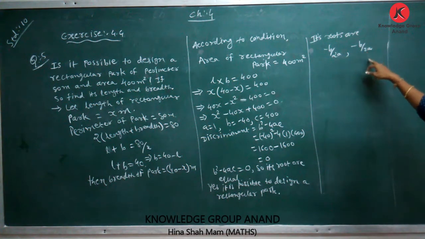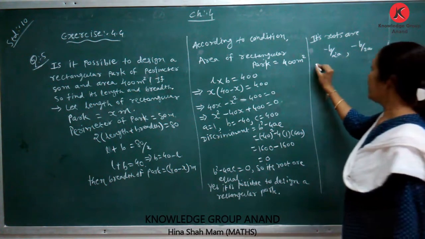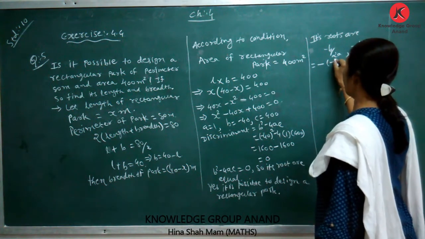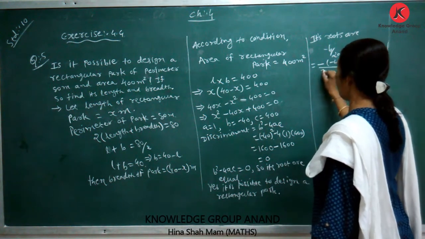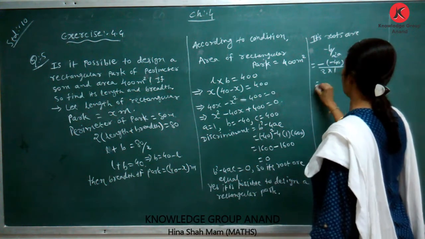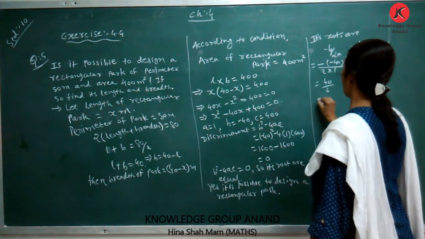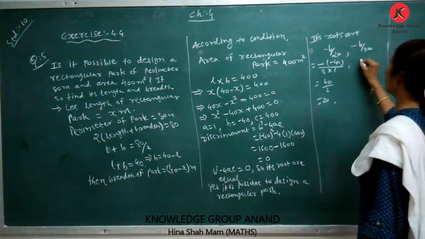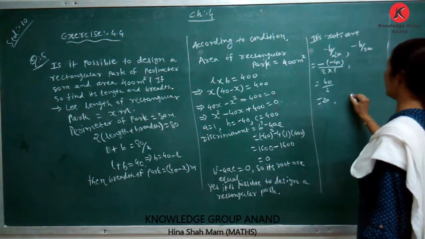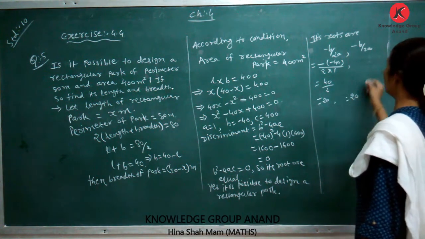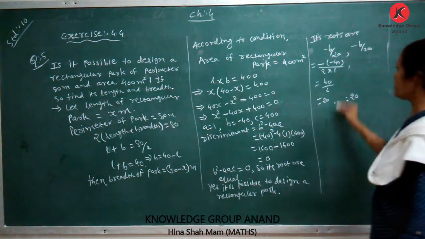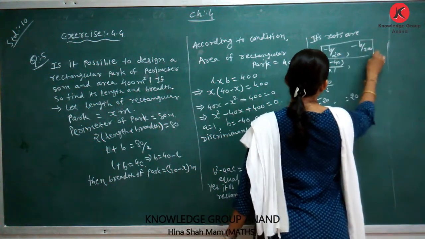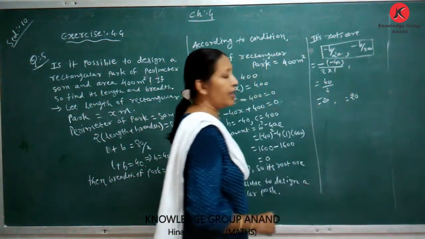Minus b upon 2a, what is the value of b? Minus minus 40 upon 2 into 1 equals to 40 by 2 is equals to 20. Here also we find minus b upon 2a, then is equals to 20. You know this formula, roots are equal roots.